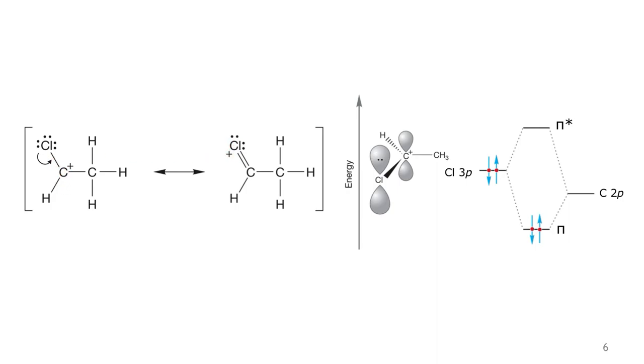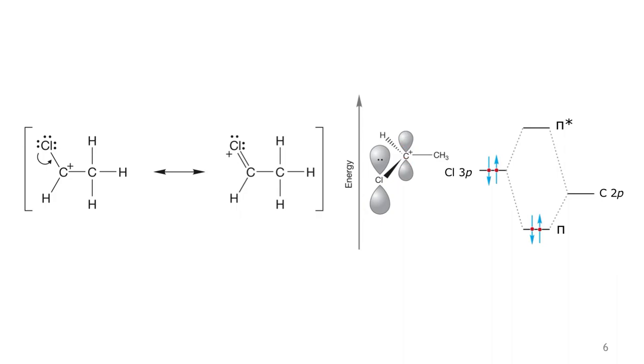An alternative way of thinking about it is from a molecular orbital point of view. How can the filled orbital on chlorine be interacting with the empty orbital on the carbocation? And the answer is in the formation of some sort of pi interaction. It turns out the lone pairs on chlorine lie in p orbitals, and as you're aware, carbocations have an empty p orbital.